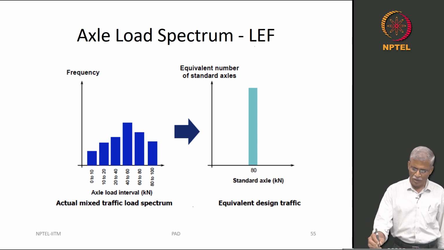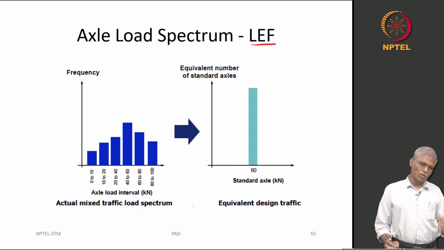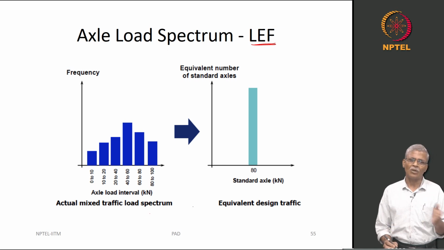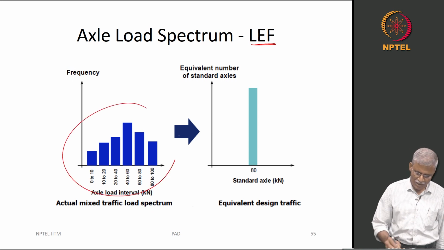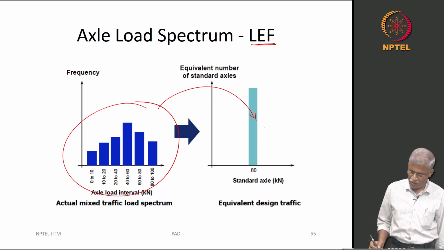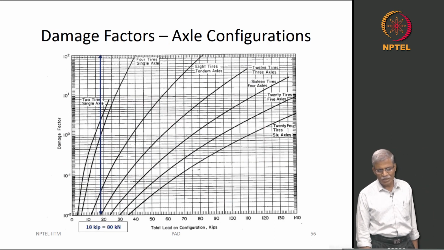If you are talking in terms of the load equivalency factor, the way you could do it is not to worry too much about different configurations, different actual traffic load spectrum, but take the whole thing and see what exactly happens as far as the standard axle load is concerned.